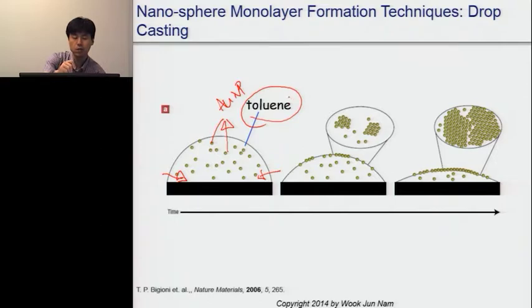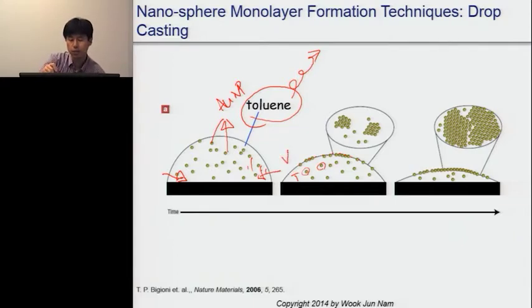As the toluene keeps evaporating, the volume of the toluene gets smaller and smaller. As the volume of the medium gets smaller, the nanoparticles align at the interface between toluene and vapor.